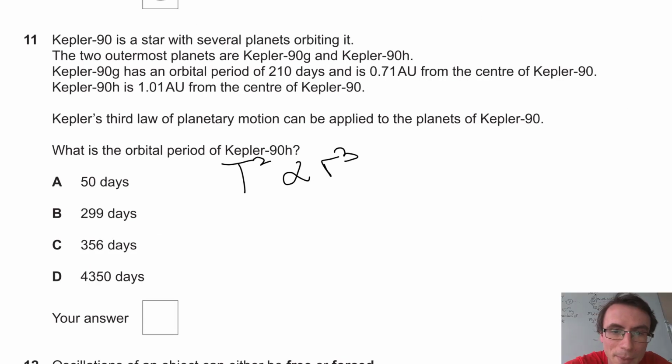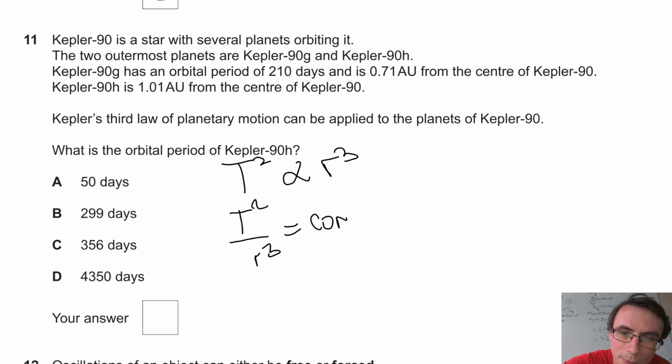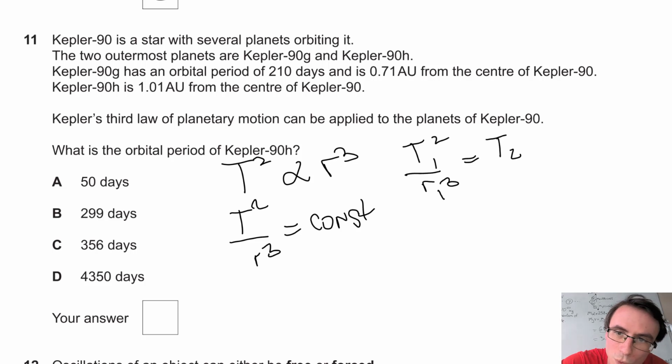Now this here means that T squared divided by r cubed will actually just be given by a constant. Because of that, we can write that T1 squared divided by r1 cubed will be given by T2 squared divided by r2 cubed.